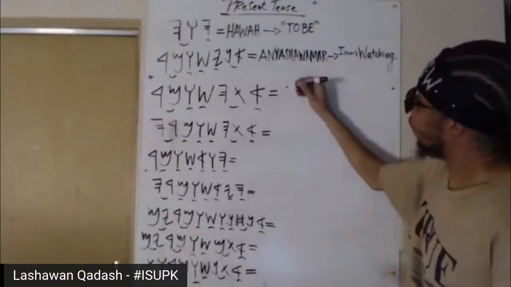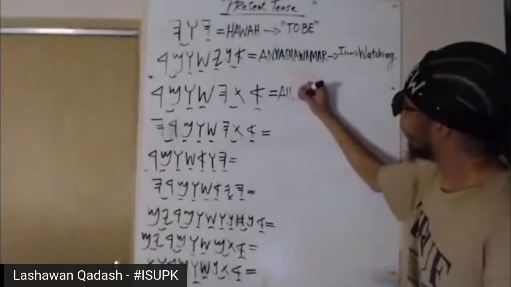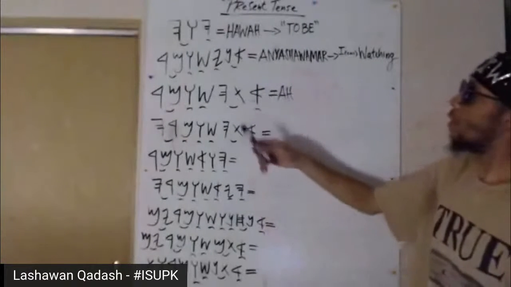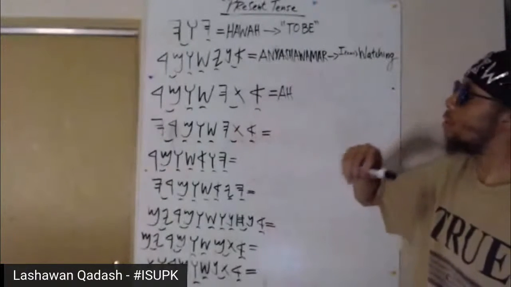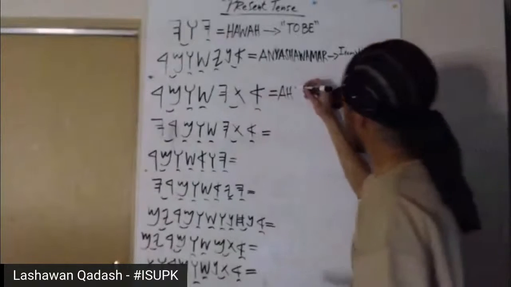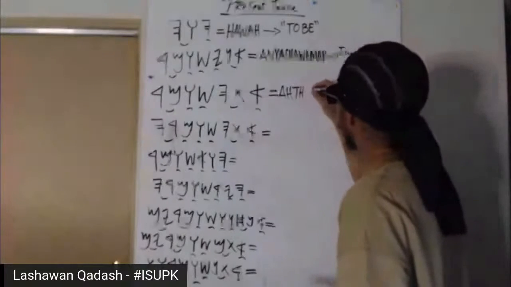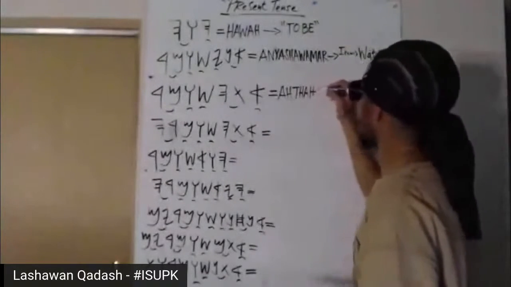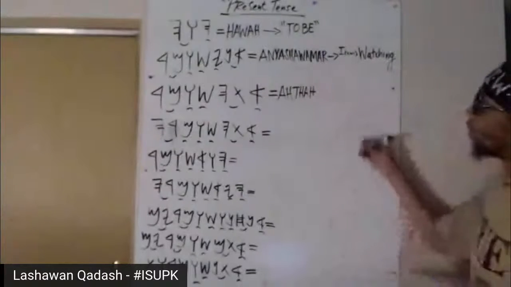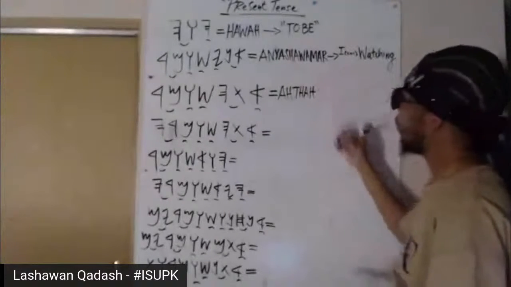All right, the by itself is AH. And you have the th and the h, which is TH, AH. Atha, right?